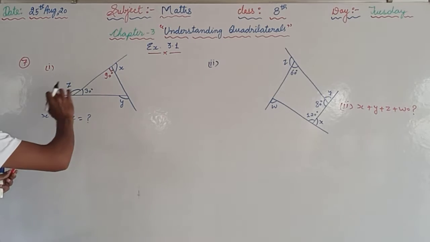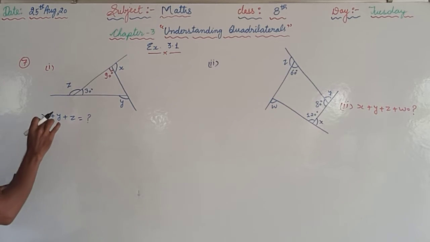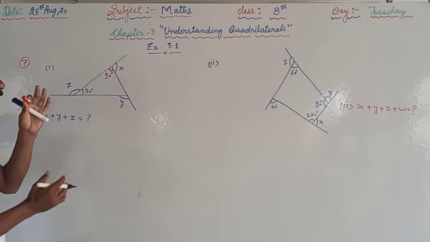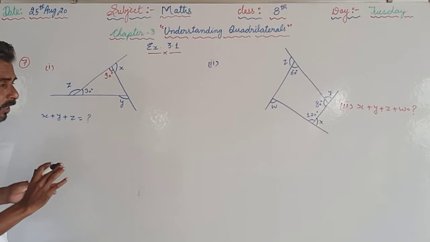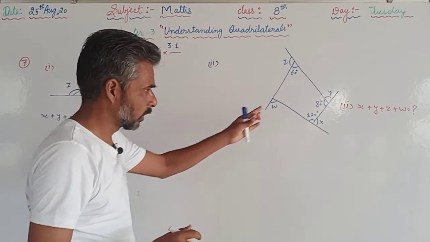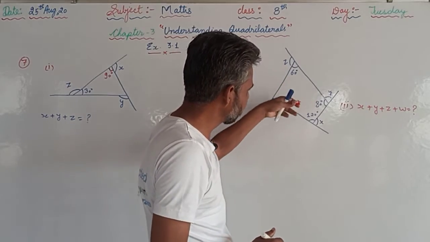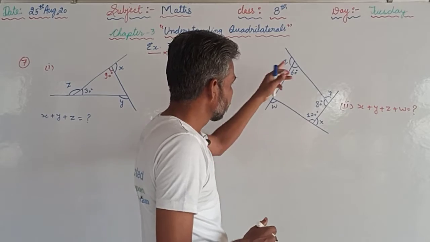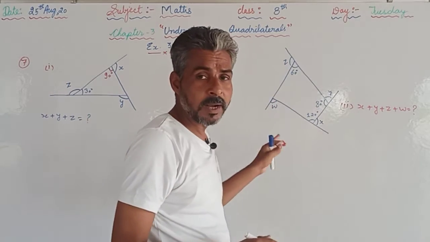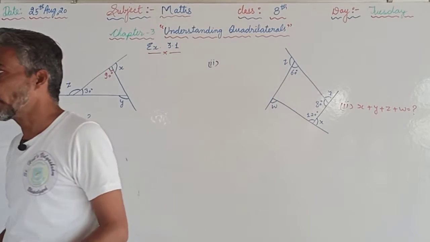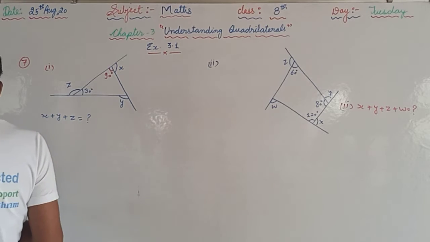We have to find x, y, z. X, y, z are the exterior angles of this triangle, and here the quadrilateral is given. In this quadrilateral, three angles are given: 60 degree, 80 degree, 120 degree, and x, y, z and w are here the exterior angles of the quadrilateral.